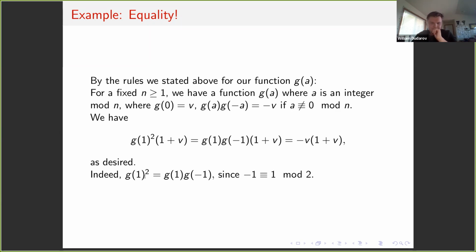In fact, negative 1 is equivalent to 1 mod 2. So we have g1 squared equal to g1 times g of minus 1, which by this is equal to negative v. So we do indeed have a correspondence here.